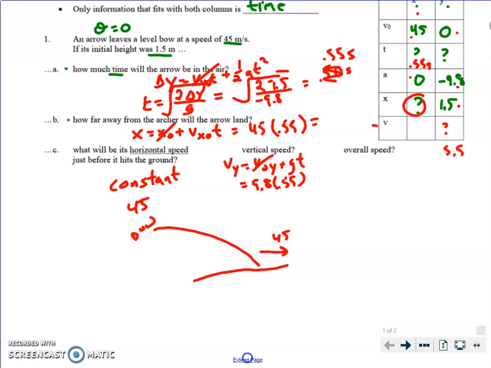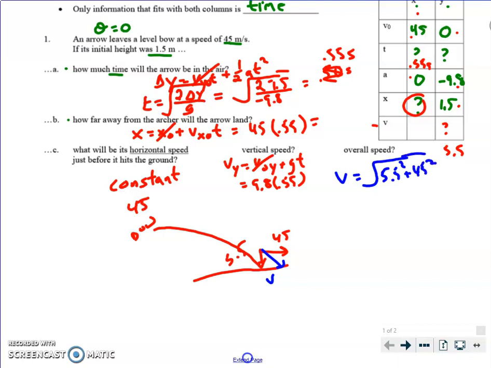So at the moment just before it hits the ground, it's moving this way, 5.5. So I could then ask, what's the overall speed? And I want you to recognize that as vector sum of two perpendicular quantities. So it's going to be moving this way, where that value, I'm just going to put as a v. V is equal to the square root of 5.5 squared plus 45 squared.